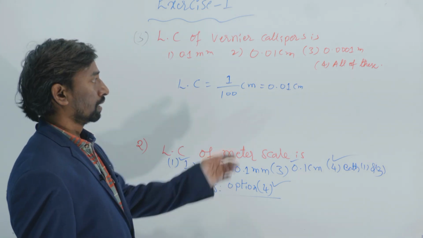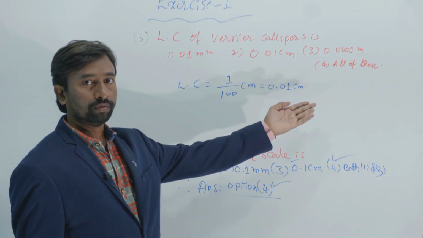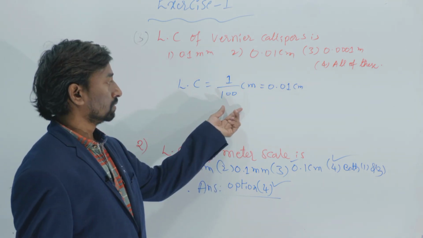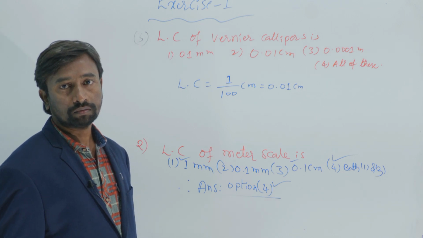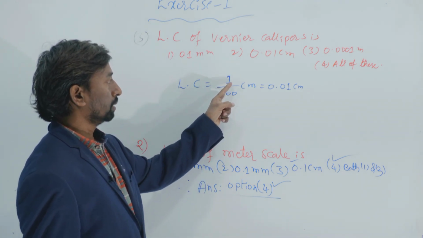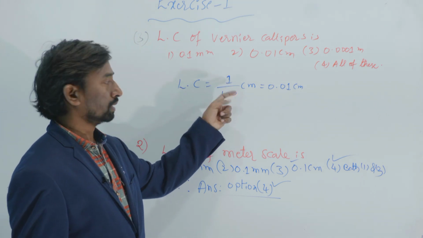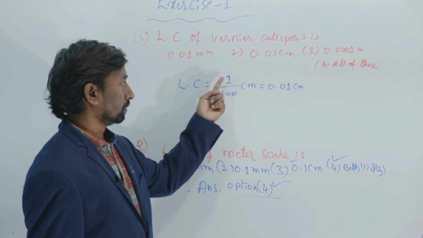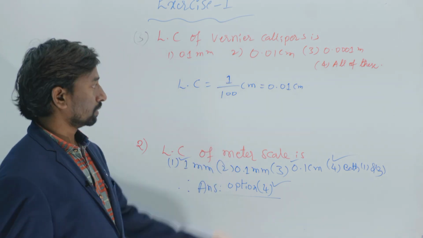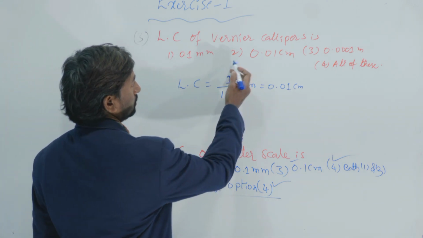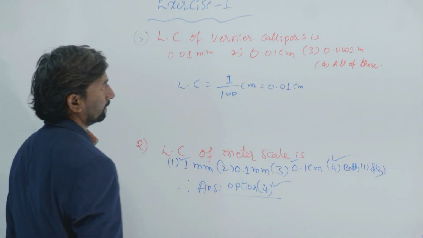On the main scale each division value is 1 millimeter, that is 0.1 centimeter. There are 10 divisions on the vernier scale. So the least count is 0.1 centimeter divided by 10, that is 1 by 100 centimeters, which is nothing but 0.01 centimeter.